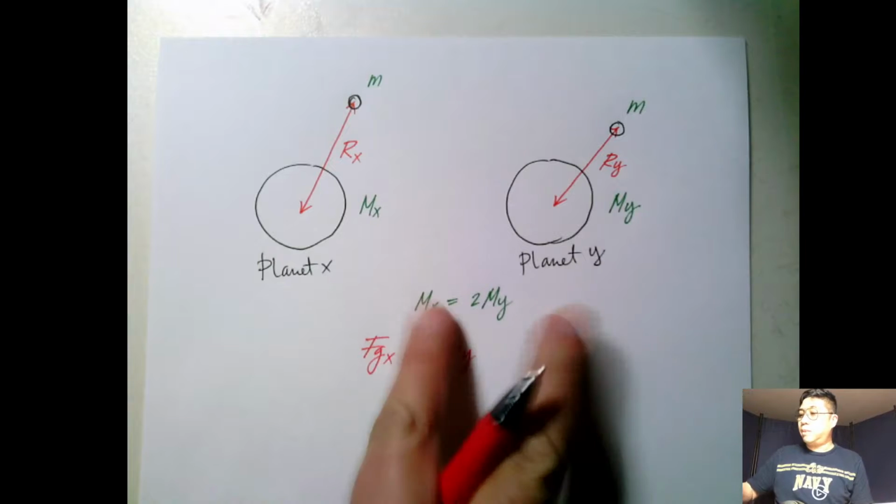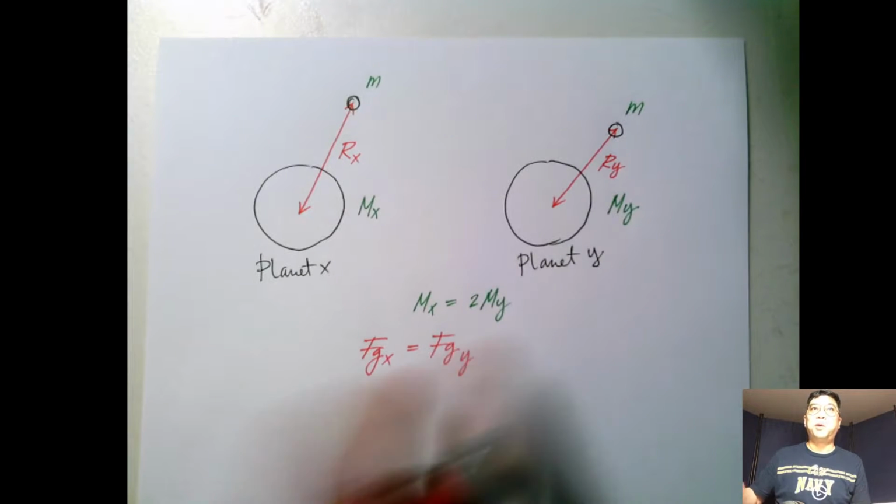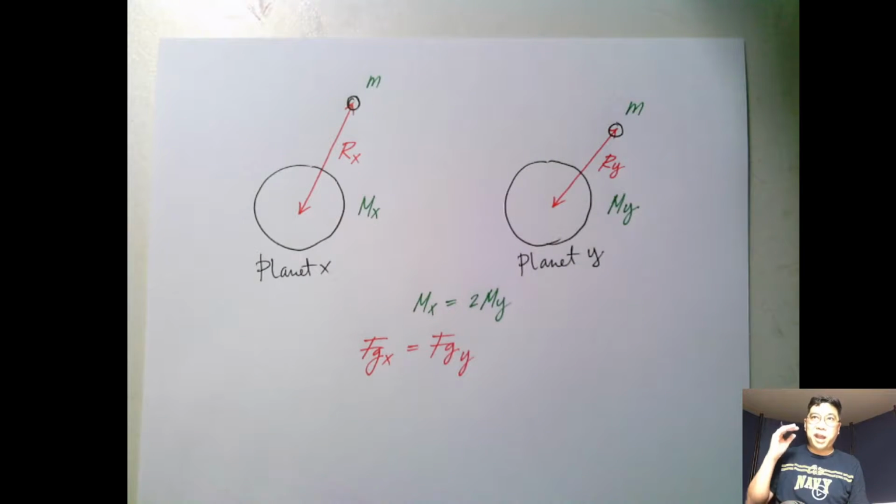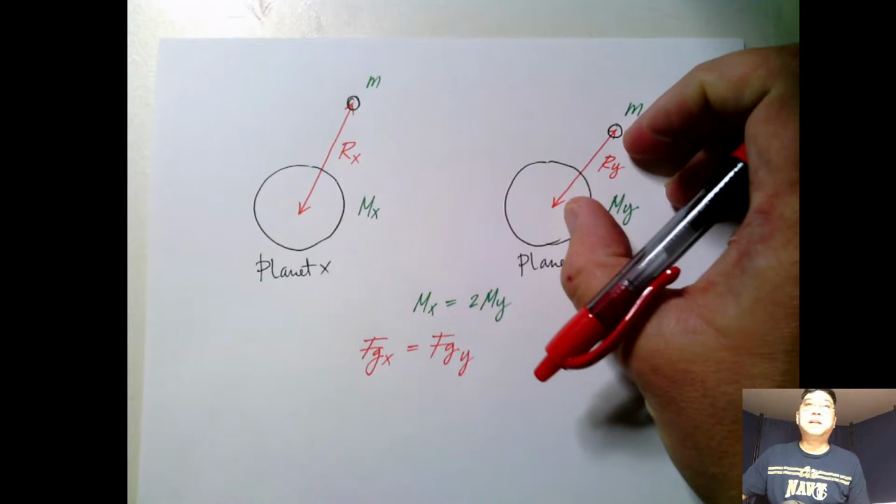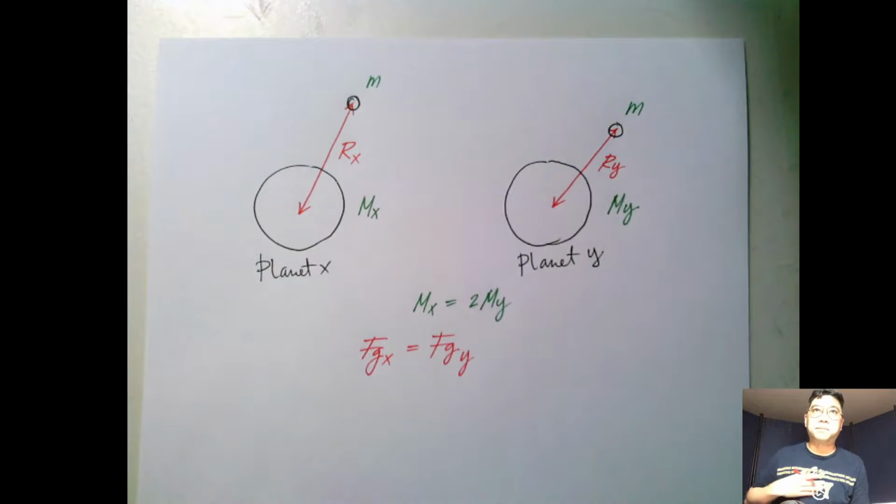But since the planets' masses are not the same, we have to do something, and in our case it is to adjust the distance.